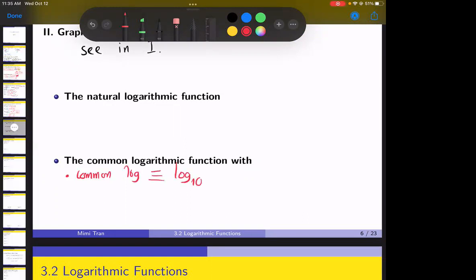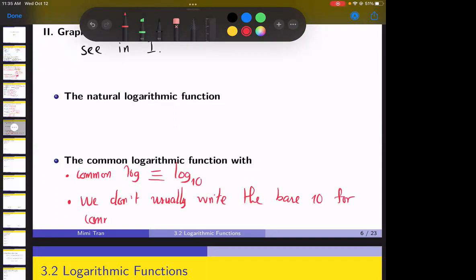We don't write the base 10. You only write it, it just says log.